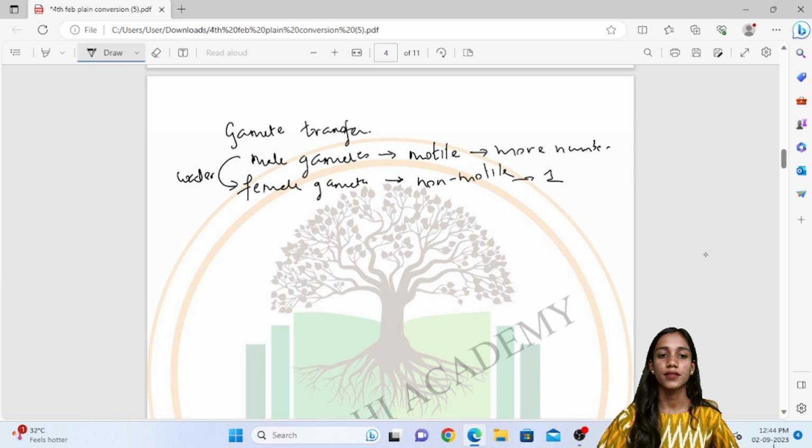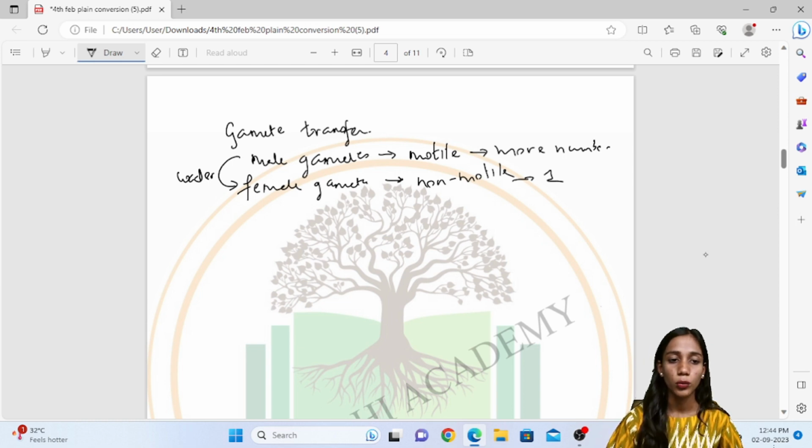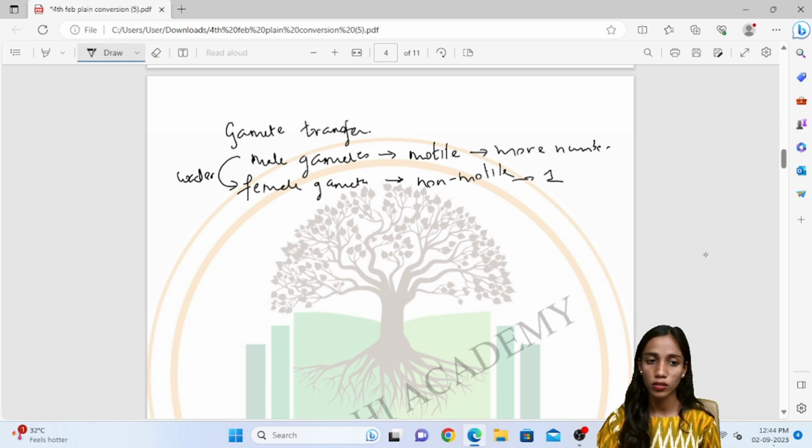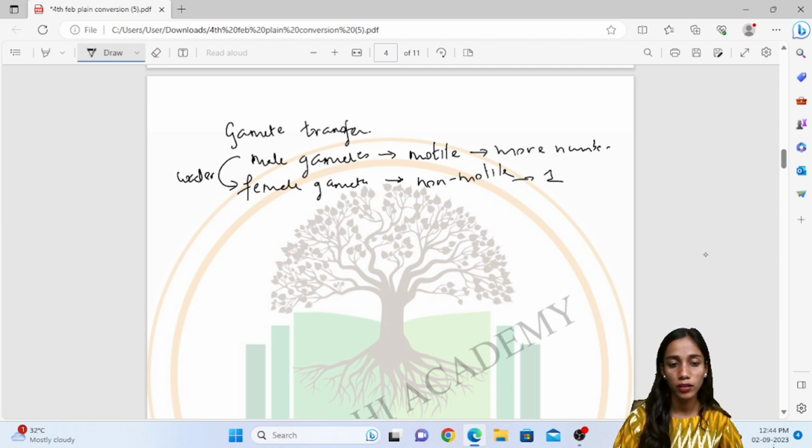Now we will talk about gamete transfer in flowering plants. We covered this topic in standard 10th, but just to revise: the female reproductive organ in plants is the pistil and the male is the stamen.